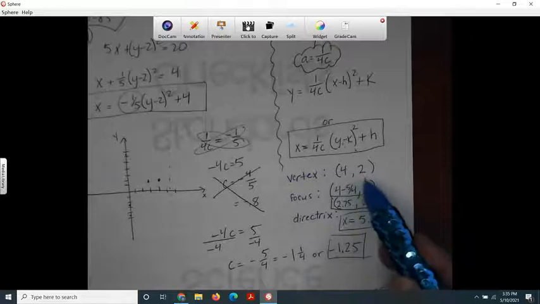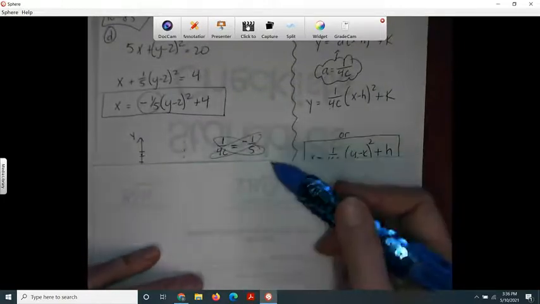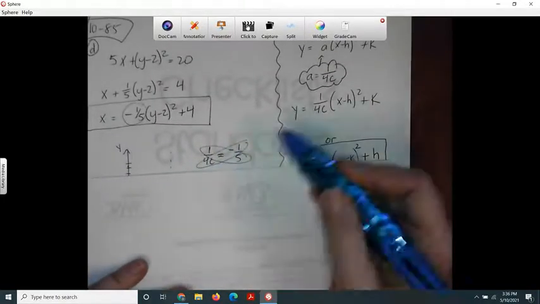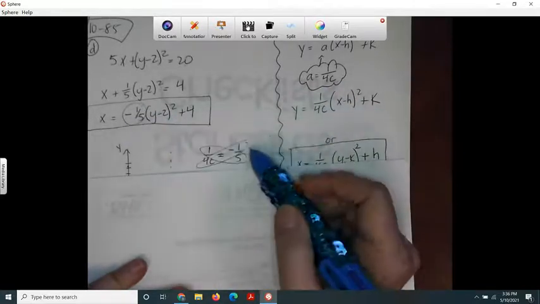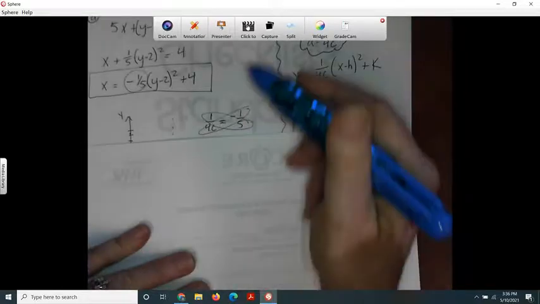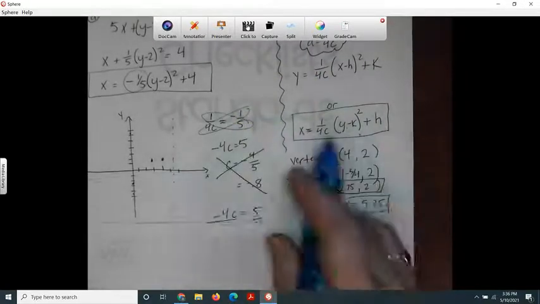And then I wanted to find our focus. So what I did is I got 1 over 4c, because that's a, and I set that equal to negative 1/5. And then I did cross products. And then I messed up right there. Don't look at that part.